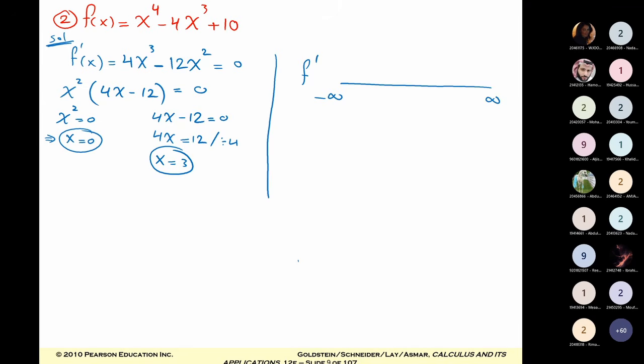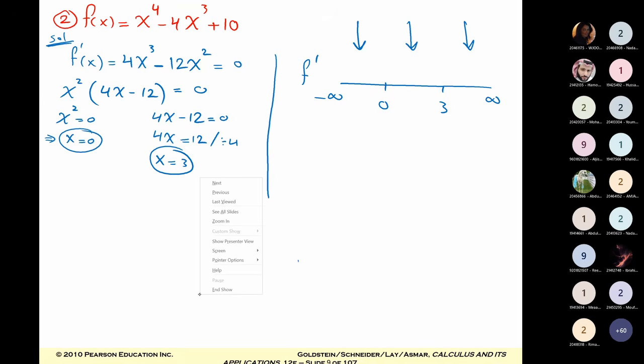We have the stationary values 0 and 3. So we have the first interval from minus infinity to 0, the second interval from 0 to 3, and the third interval from 3 to infinity.